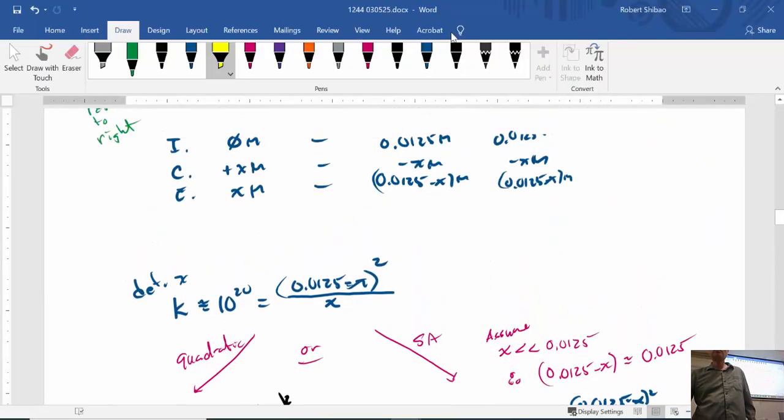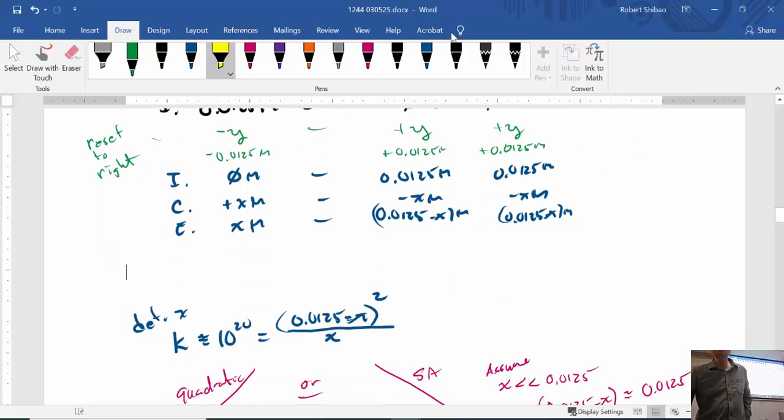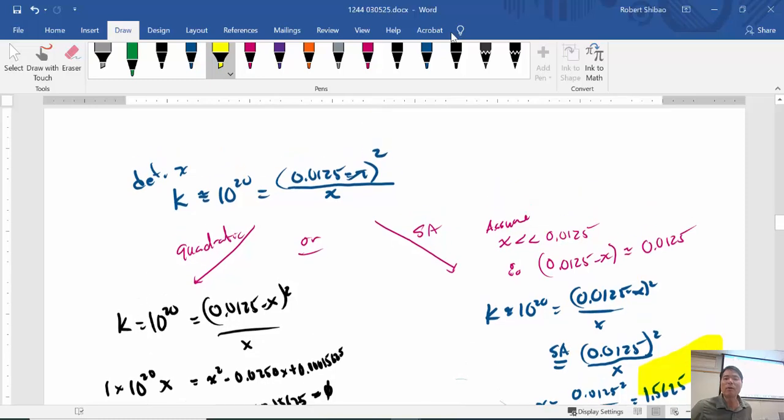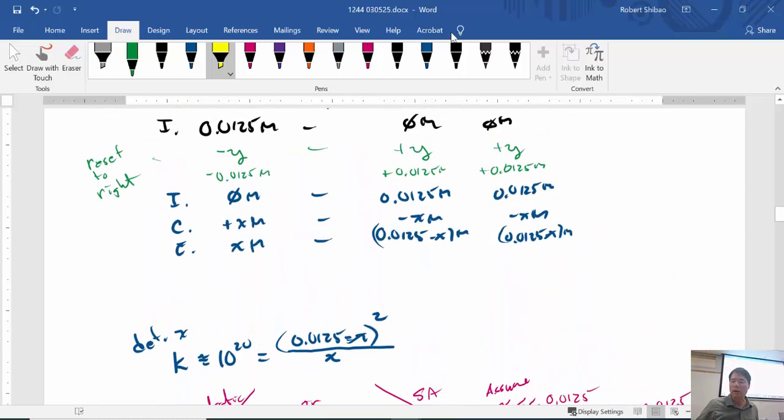And so here's a case where we use the two tricks. And now we're going to double check. So we got an x value of 1.5625 times 10 to the minus 24 molar.